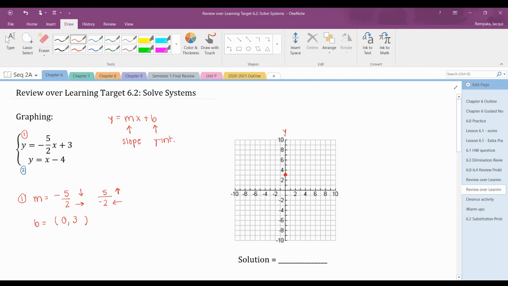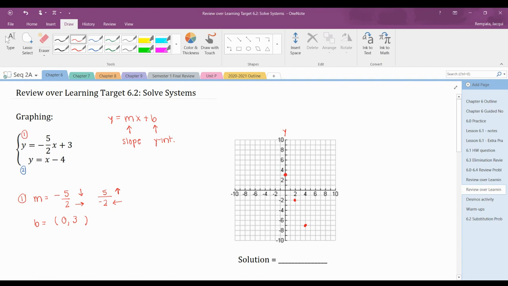So now I'm going to follow my slope. If I have the -5, that means I'm going to go down 1, 2, 3, 4, 5 from that y-intercept, and then I'd have to move 1, 2 to the right. And then I could do it again: 1, 2, 3, 4, 5 down and 2 over to the right. Notice how my graph's going to run out of room if I try to keep going down.